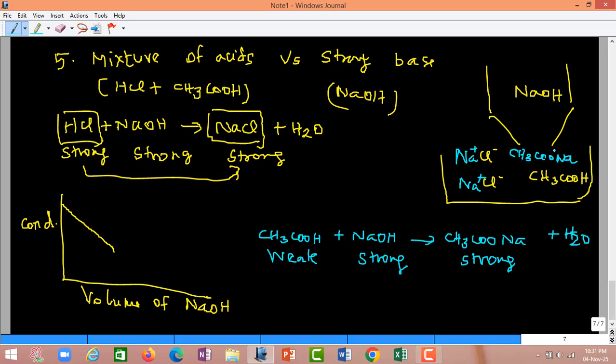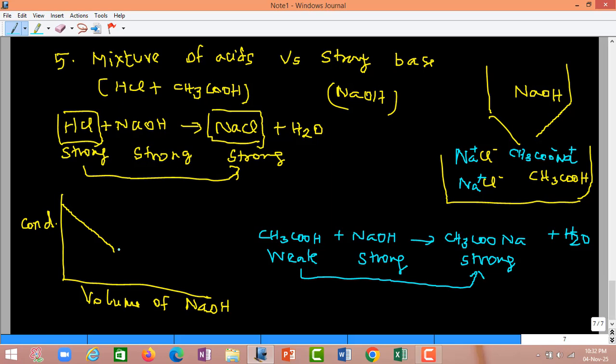It is a strong electrolyte and is completely dissociated. Since the weak acetic acid is converted into strong sodium acetate, the dissociation increases, the number of ions increases, and conductance will also increase.